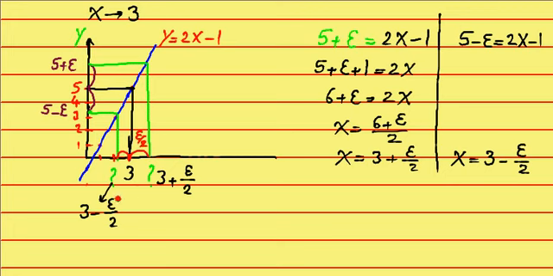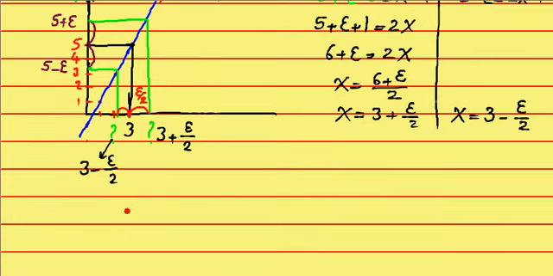In this case, the amount to the right and left is the same, and we can pick either of them as delta. So I say choose delta to be epsilon over 2. It's the size of the trap here.